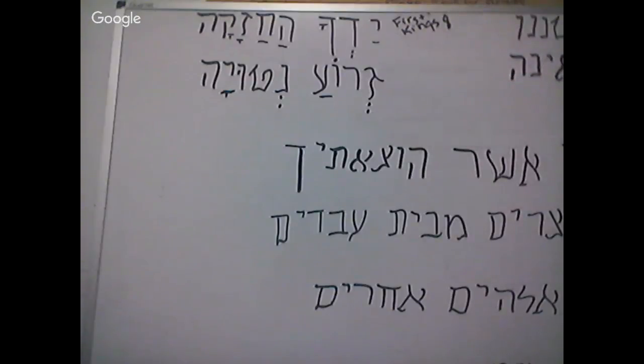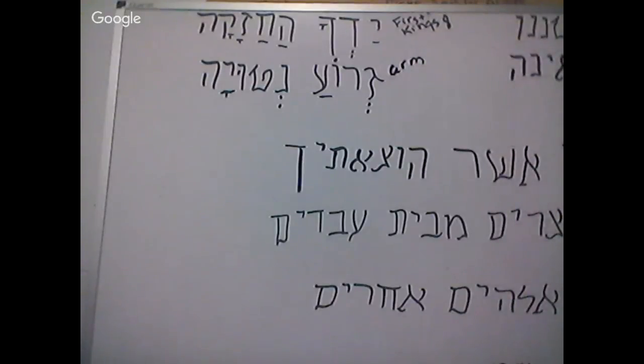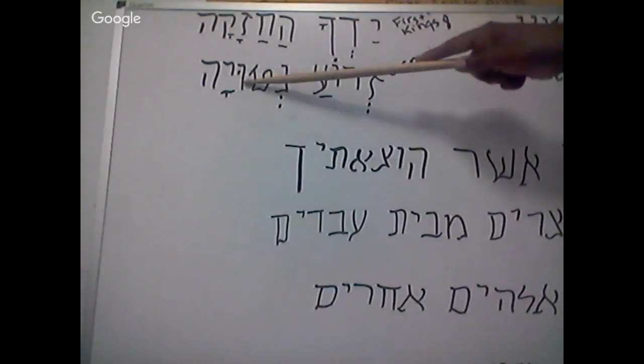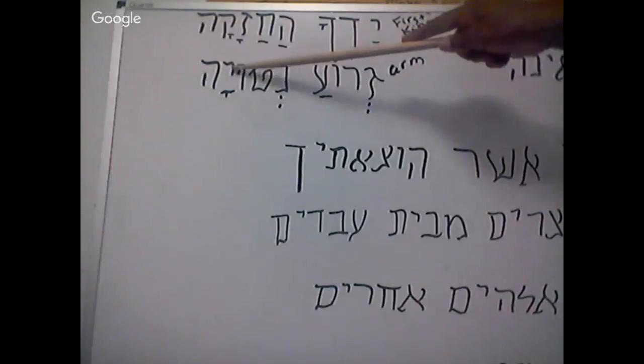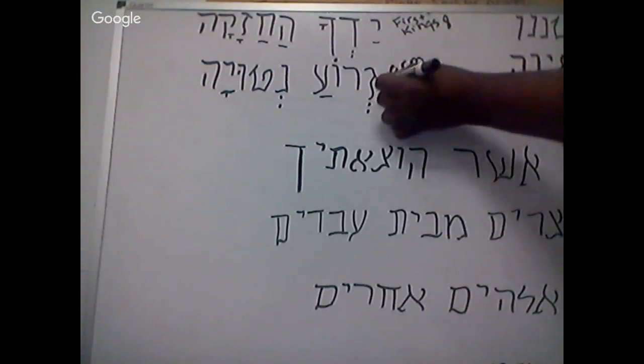The word Zeroa means arm. All right, arm. Sometimes people translate the word Zeroa as strength. But regardless of that, we see the word Zeroa meaning arm. Netuyah, Nun, Tet, Vav, with the shuruk, sorry, with the yod and the kamatz and the hey. Zeroa Netuyah, which means what? Arm outstretched.